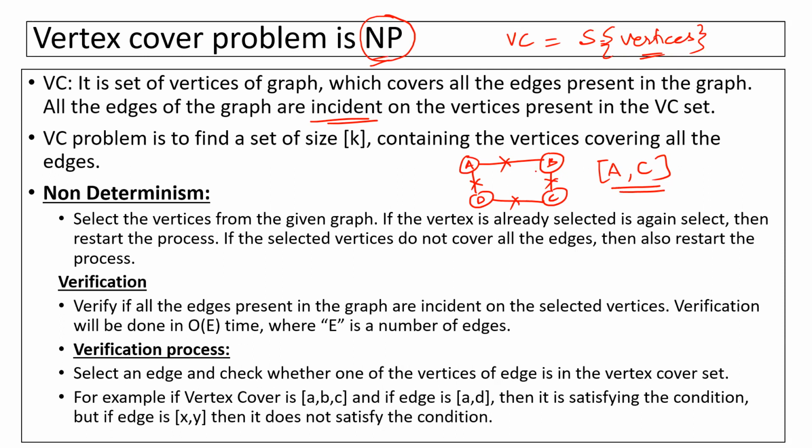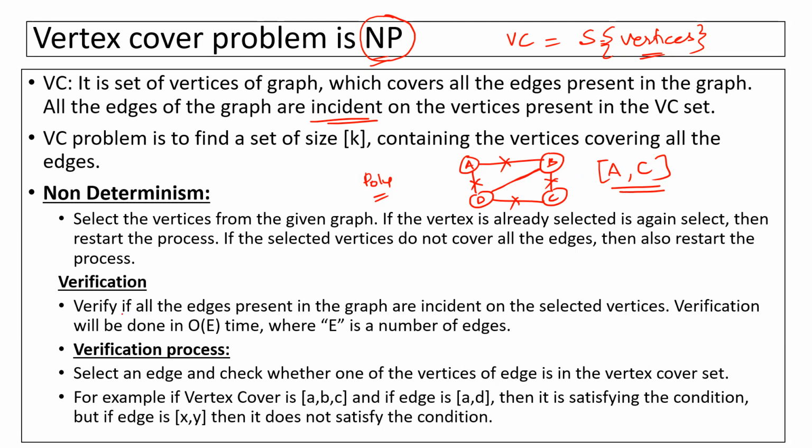For example, if I add an edge BD here, and now I want to check whether AC is a vertex cover, you can see that AC does not cover the edge BD. This proof does not require much time; it happens in polynomial time. That's why vertex cover is called NP.